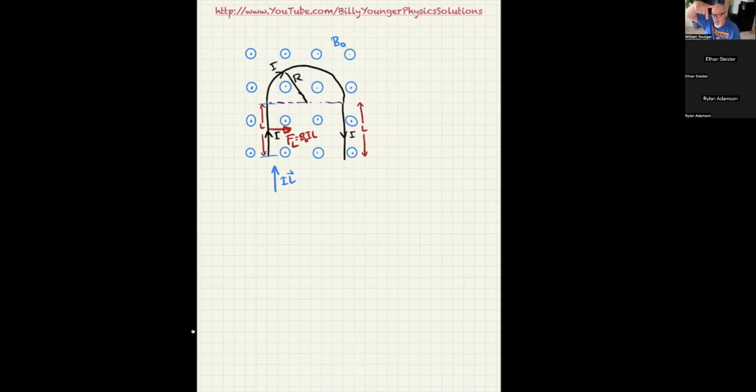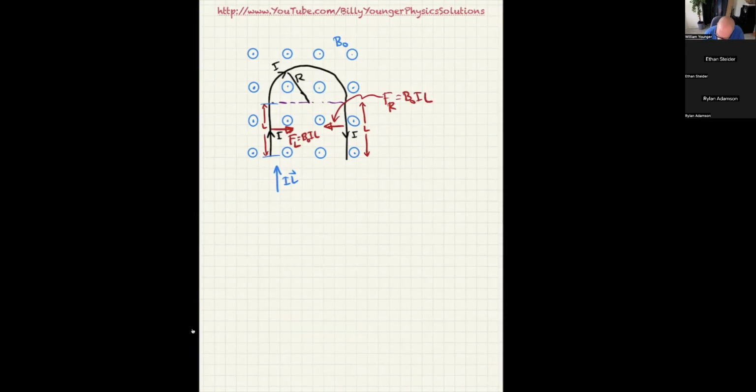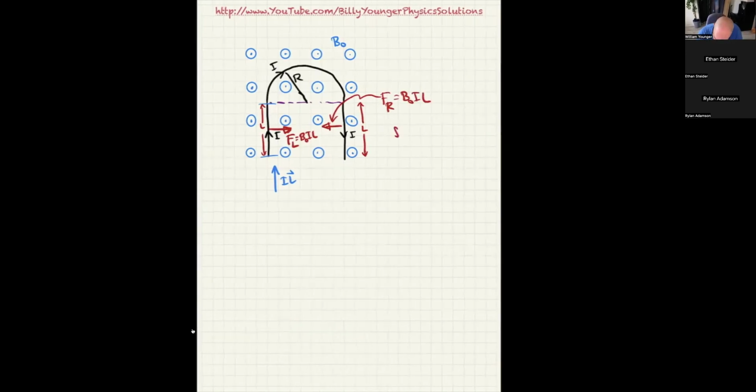So if IL is pointing downward, then my index finger points back at me because B is pointing out of the page. And that means this force points this way, and it is given by F right equals B0 I times L. So those two forces add up to give you 0. So those two parts don't contribute at all.